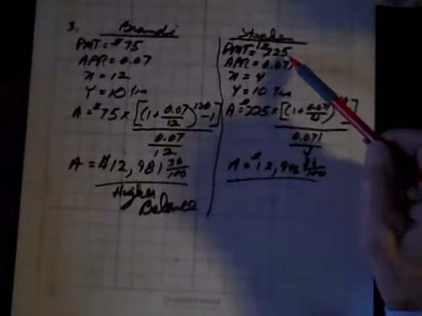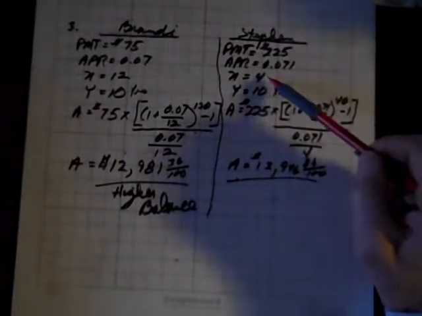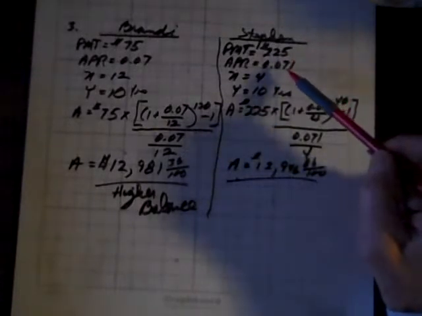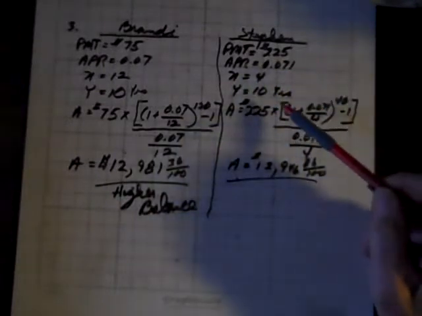For Stephen, his payment is $225, not a month, but a quarter, because he's making payments quarterly, which, if you were going to do it monthly, would be $75 a month, but he's doing it quarterly. His interest rate's greater, it's 7.1%.